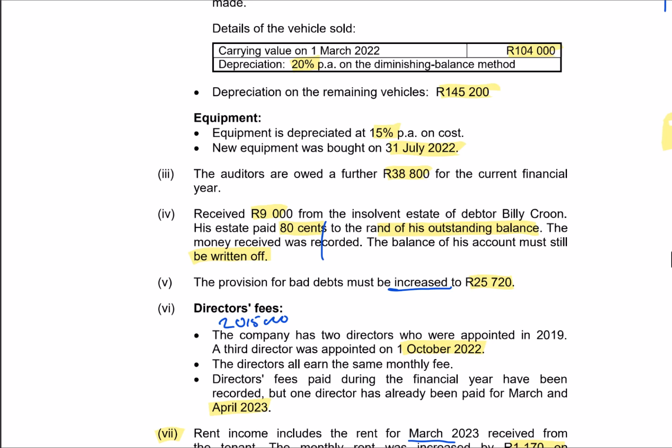Right, the directors were basically paid for 2 directors, 12 months. The other director was appointed in October. So you count October, November, December, January, February, that's 6 months. Right, plus the 2 months that were paid to the other director.